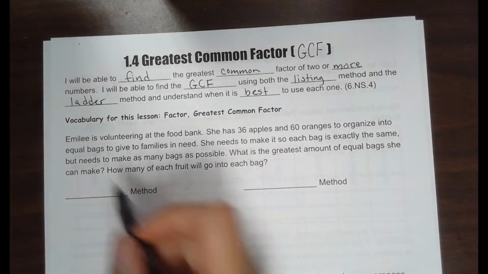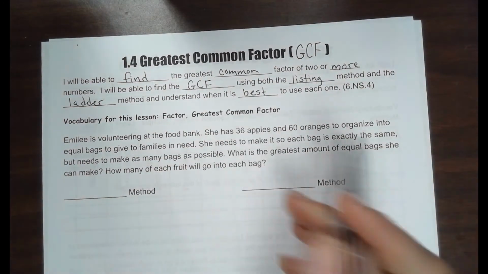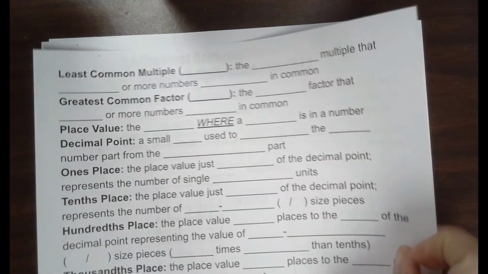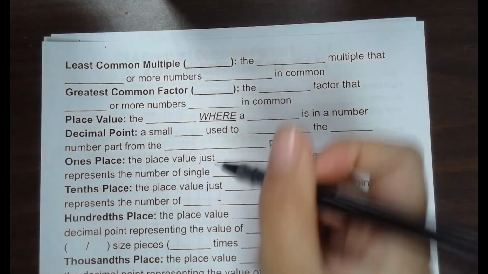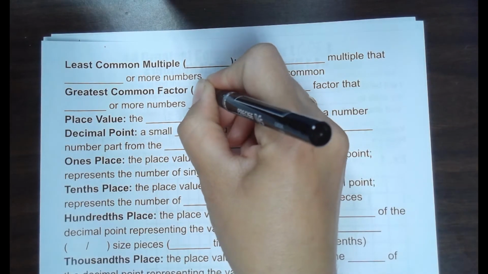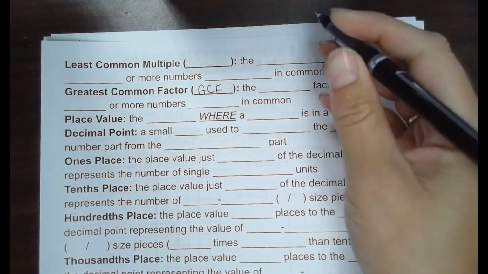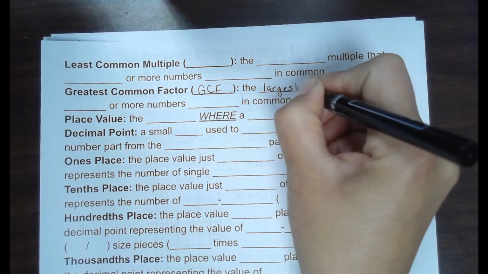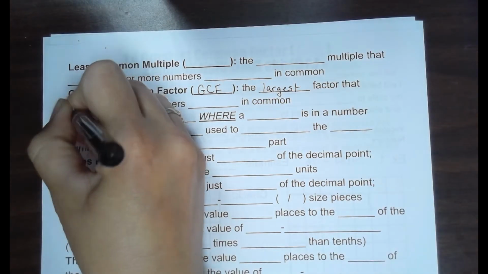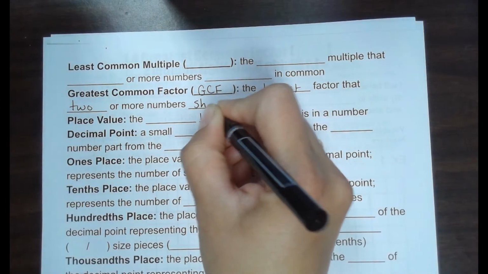So, vocabulary, we have factors and greatest common factor. Let's go to page 17. Greatest common factor, GCF for short, is the largest factor that two or more numbers share in common.